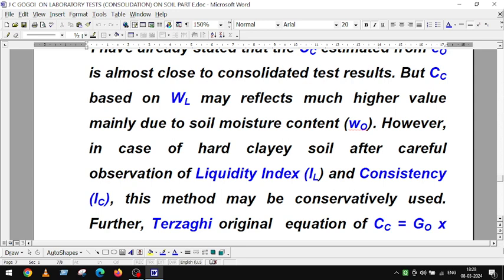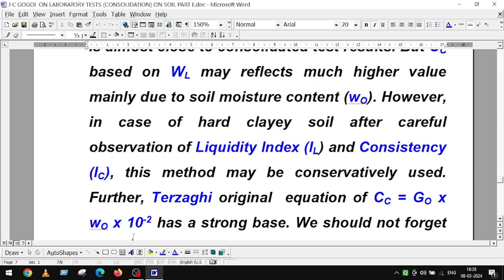For Terzaghi's original equation of CC, the specific gravity and soil moisture content after draining out all pore water have a strong base.